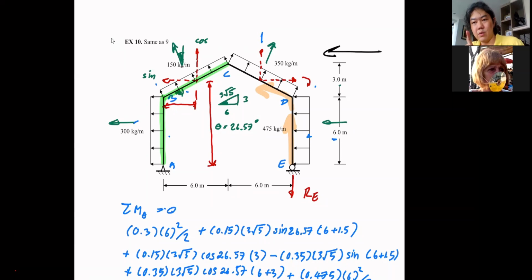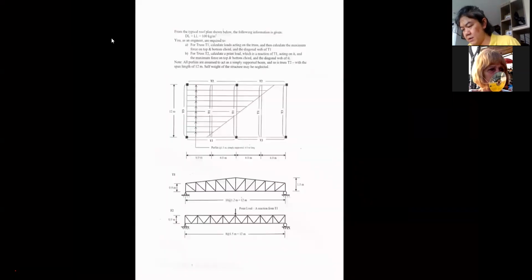And one more thing, I have given you this, but it's not going to be on the exam and stuff like this. I wish to explain this to you, but maybe I'll do it in the future. Okay, it's a roof system that you should know.